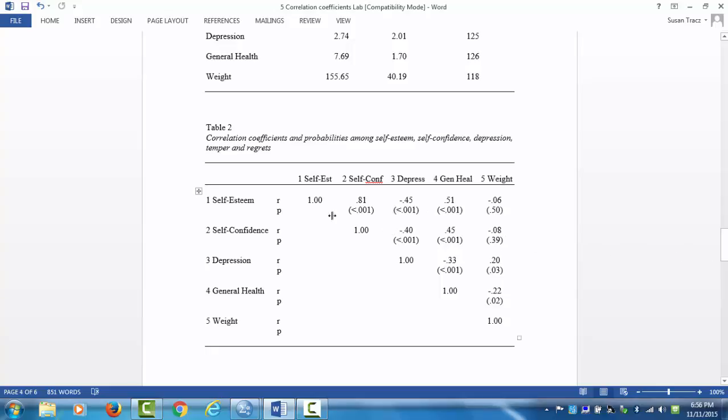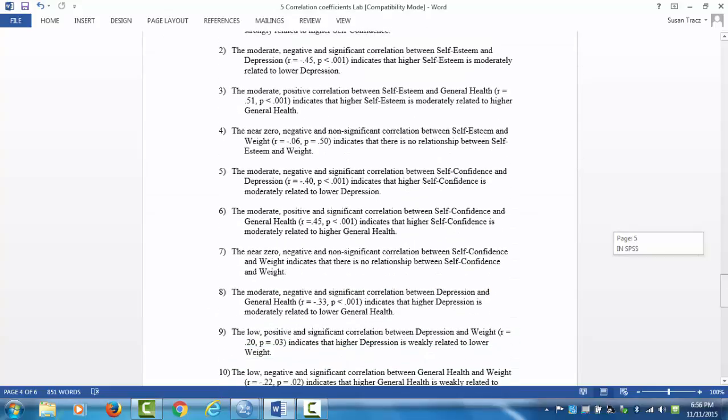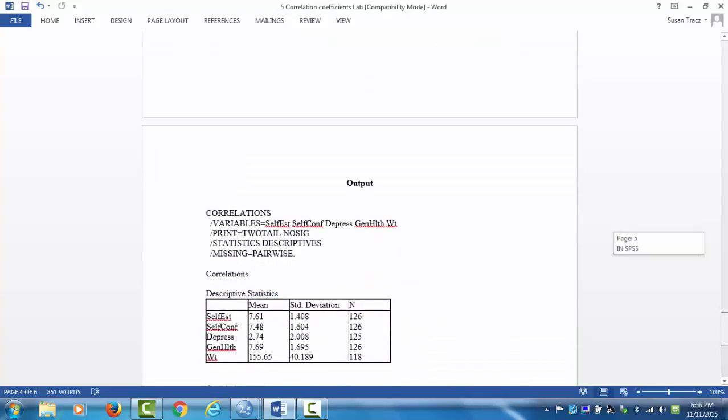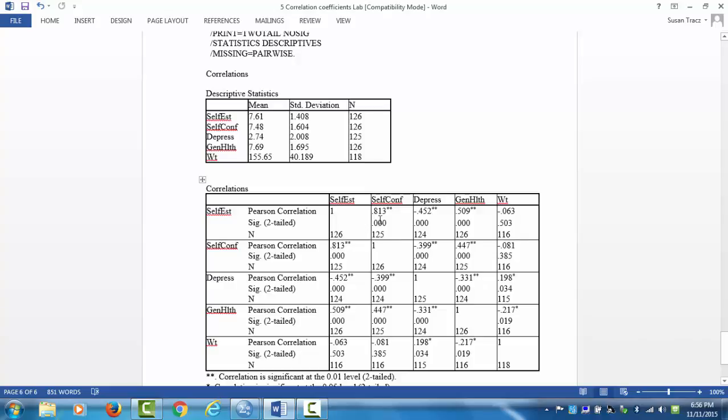So just to let you see what it's like, self-esteem is correlated 0.813 with self-confidence, a minus 0.452 with depression, 0.509 with general health, and a minus 0.063 for weight, and so on. And the second number here in each little box is the probability.